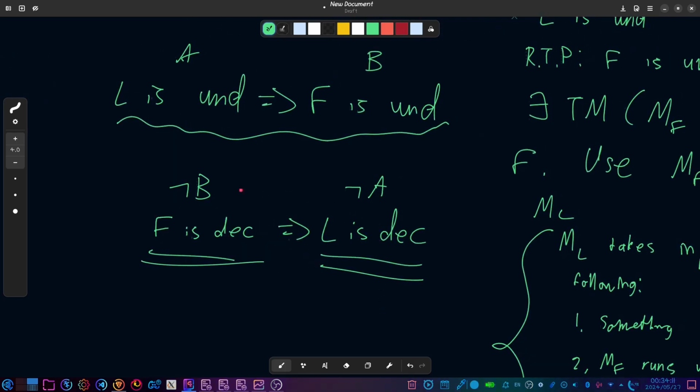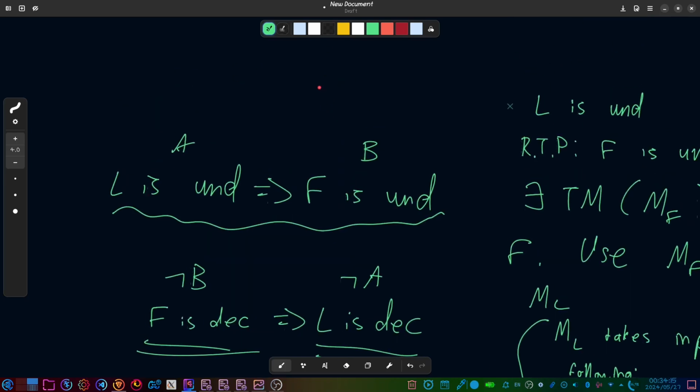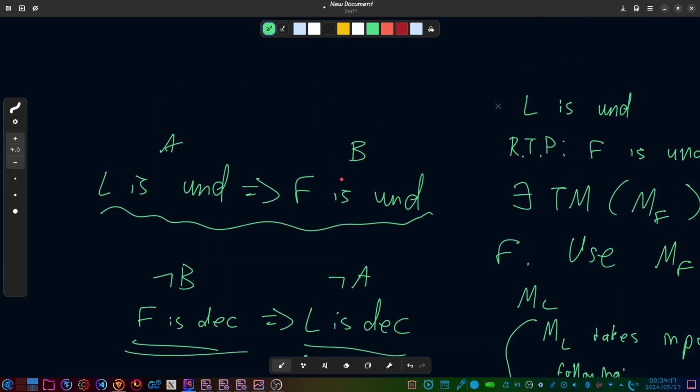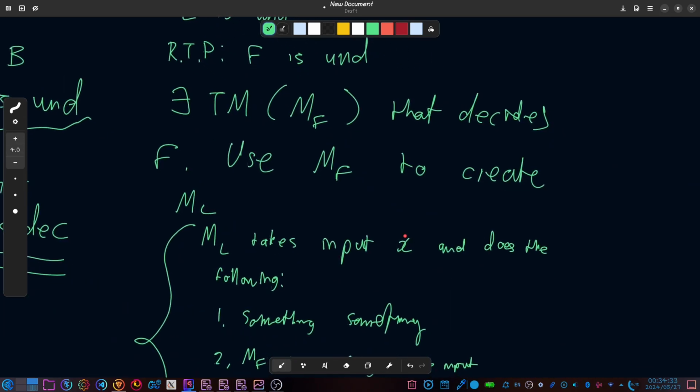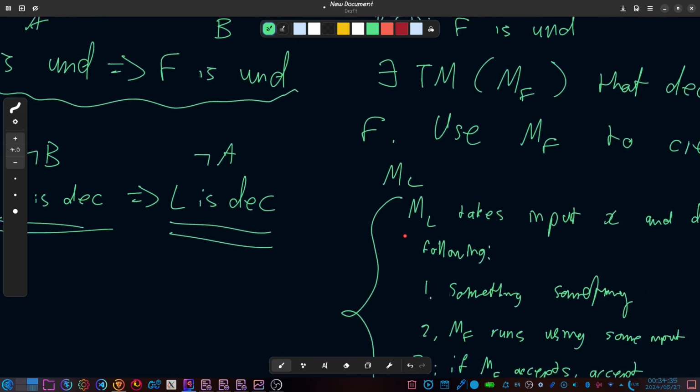So we've shown this relationship is true, which means this relationship is true, right? But since we know that this is true, and we know that that's true, this part here, that's been given to us, we know that F is undecidable.